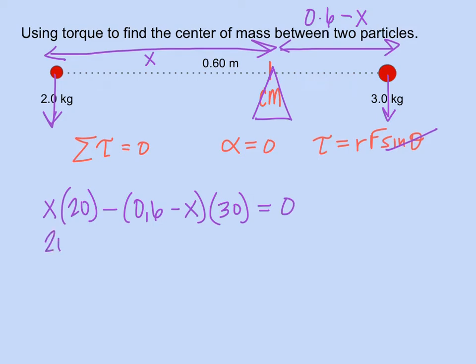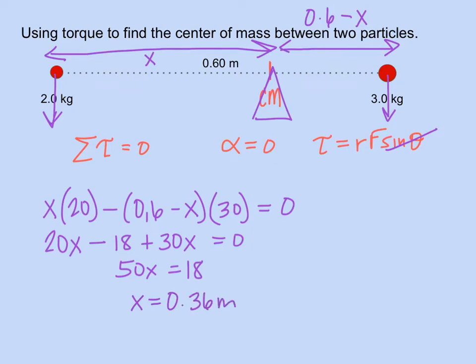So we've got 20x minus 0.6 times 30, which is 18, and then I'm minusing negative x times 30, so that's like adding 30x. So I have 50x equals 18. So x comes out to be 0.36. Okay, and that kind of makes sense. That means the other distance on the other side is 0.24.